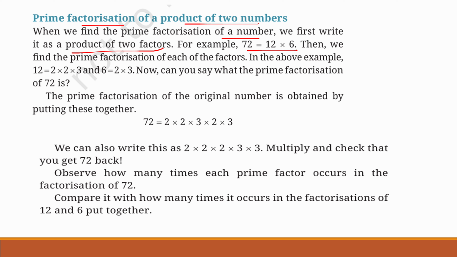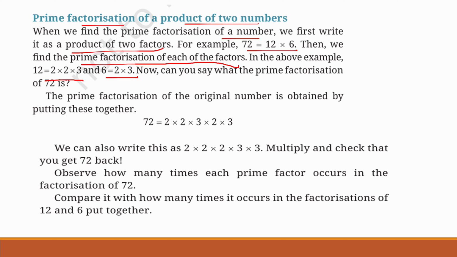We express 72 as a product of two factors. Then we find the prime factorization of each of the factors. We have to find the prime factorization of 12 and of 6. In the above example, 12 is 2 into 2 into 3 and 6 is 2 into 3.